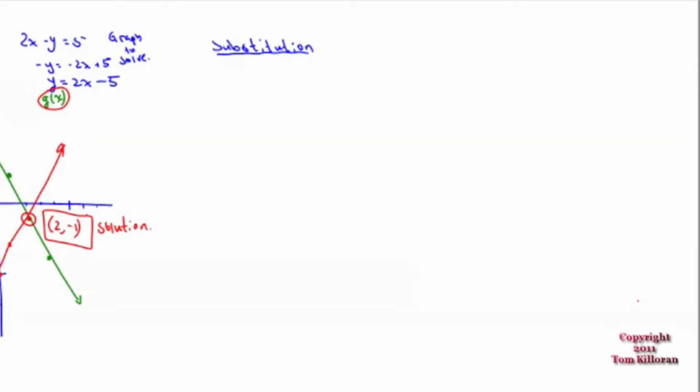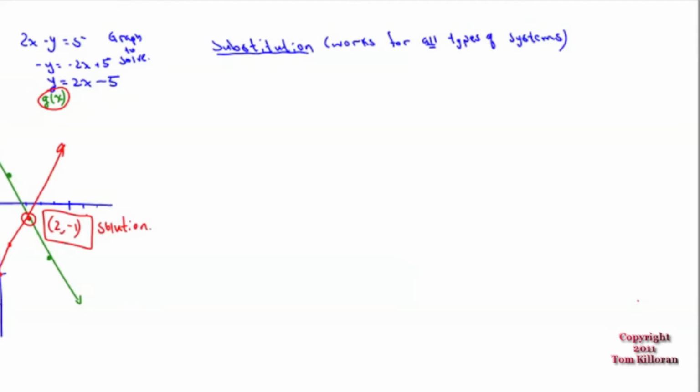Substitution works for all types of systems. Substitution is actually the main way of solving a system of equations. Linears just have a nice shortcut that the other systems sometimes don't have.